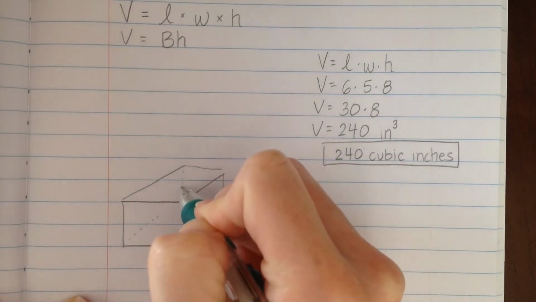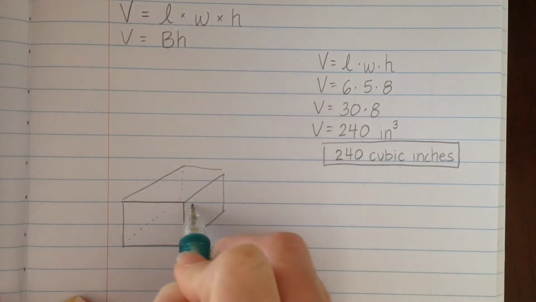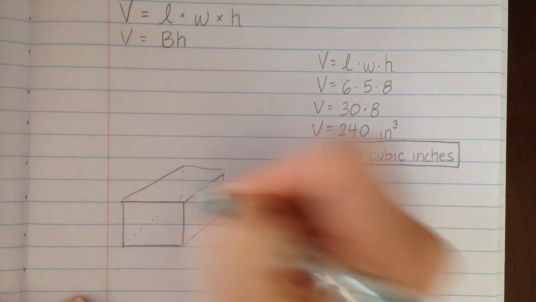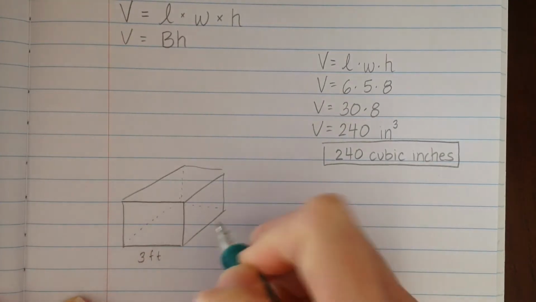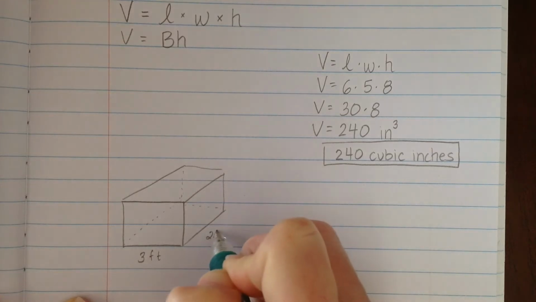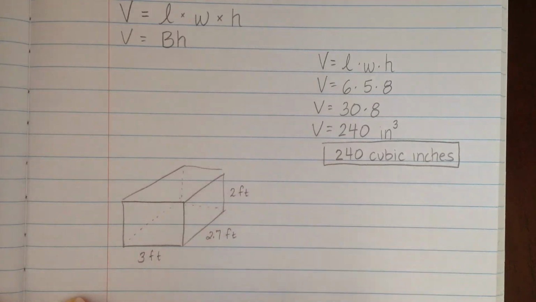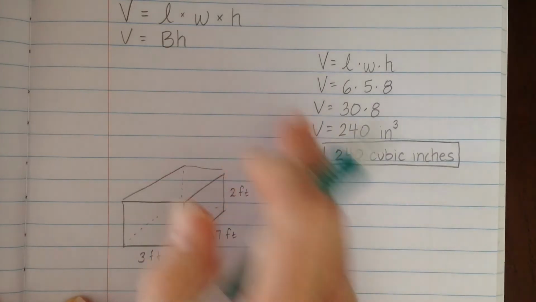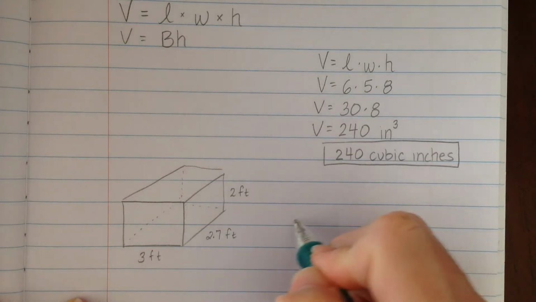Well, maybe I can put it in there. And then that should go across like that, something like that. Okay, so this side here is 3 feet. This side here is 2.7 feet, and this here is 2 feet. Okay, so we have our length, our width, and our height. Looks a little bit disproportional just because of my drawing skills.